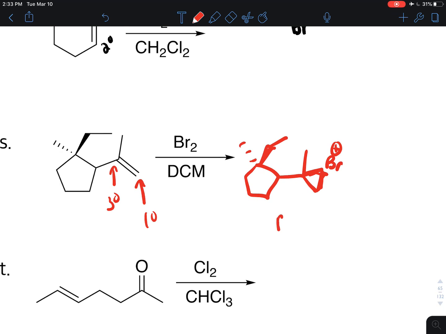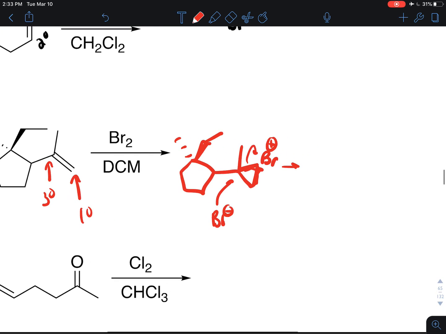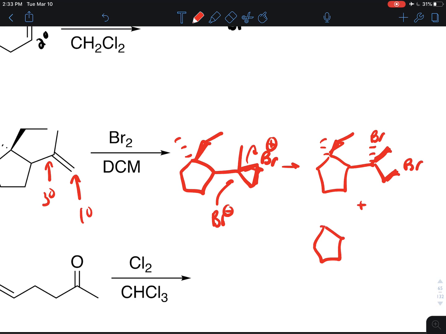Then my bromide anion is going to attack the more substituted side. So essentially, we should get two diastereomers. So we would get dash bromine, wedge methyl, that, and then wedge bromine. And then you also get the other diastereomer.